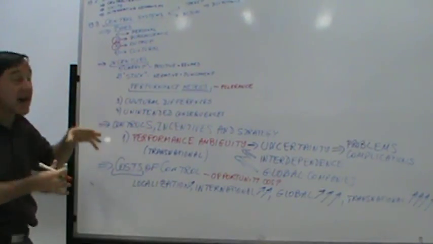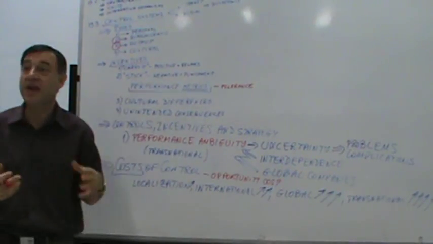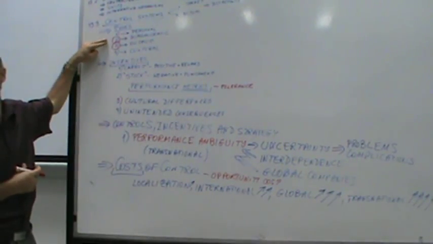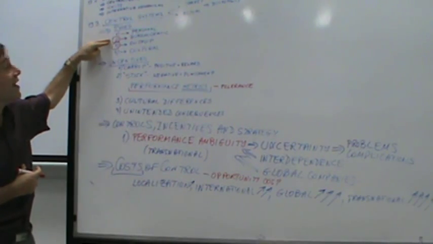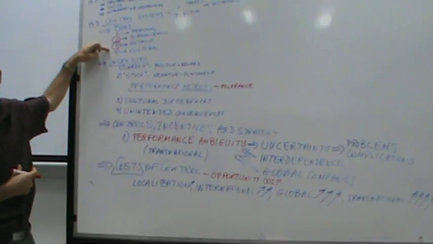So, as companies grow larger and more international, you will be relying more and more heavily on bureaucratic types of control and output types of control.